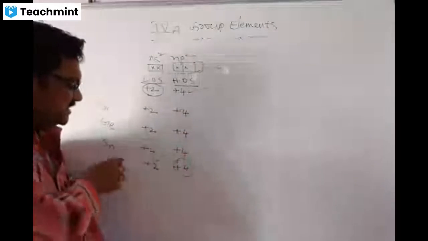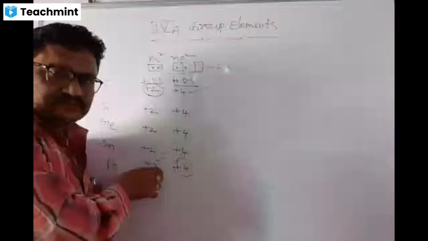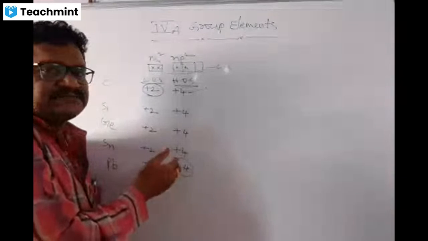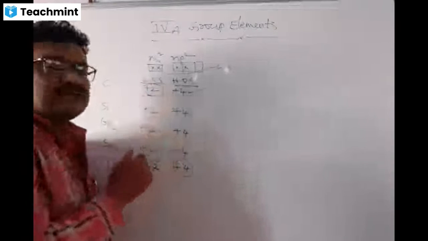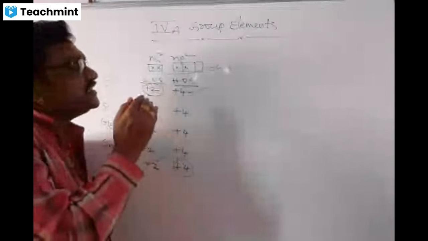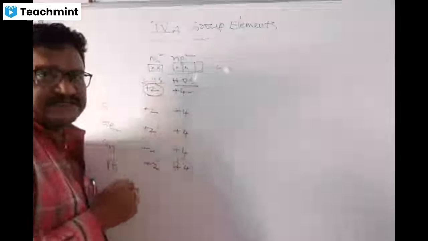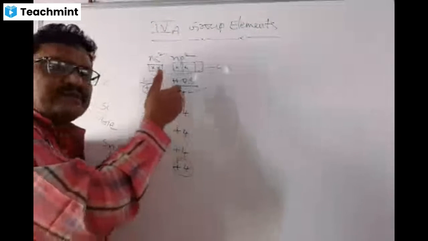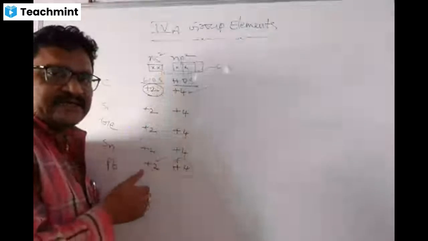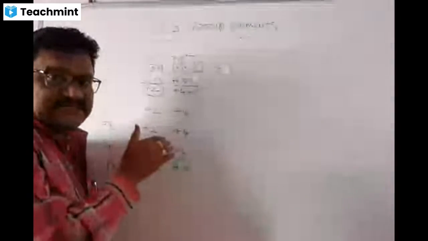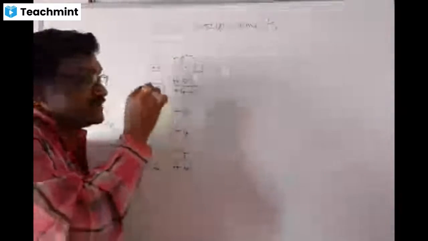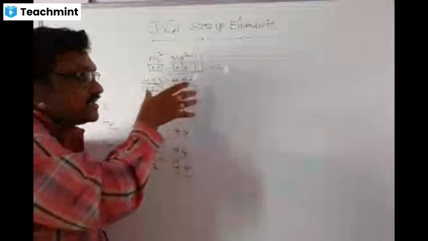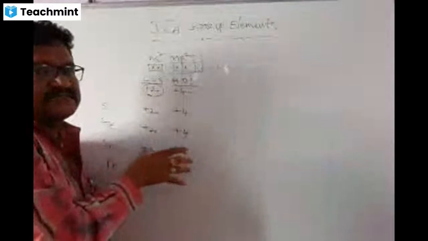That means lead compounds can act as better reducing agents, and carbon compounds can act as oxidizing agents. Moreover, down the group metallic character increases, and in the case of oxides, acidic character gradually decreases.